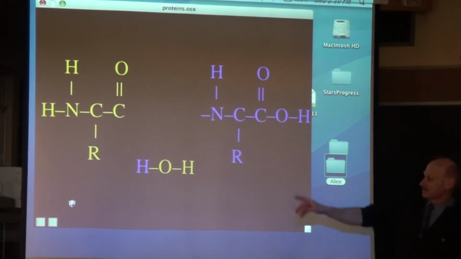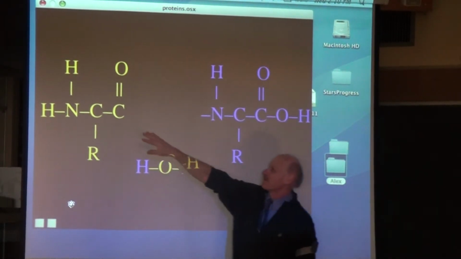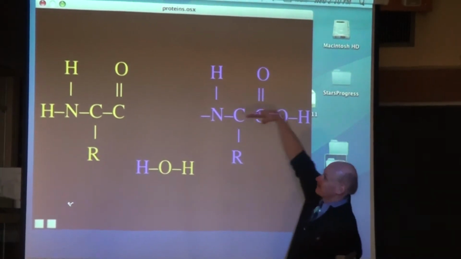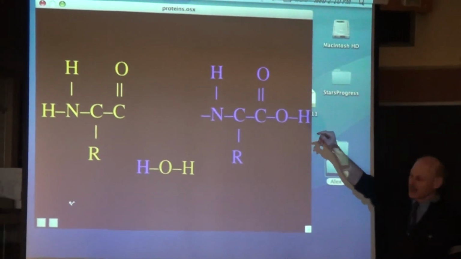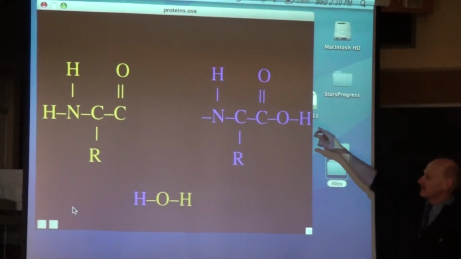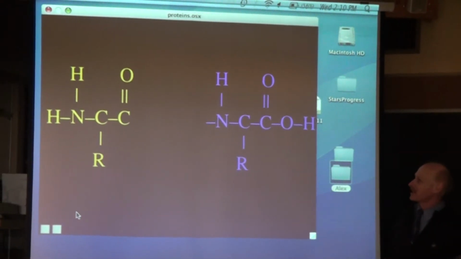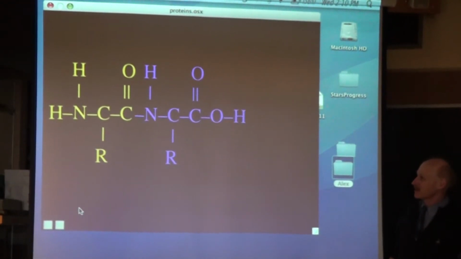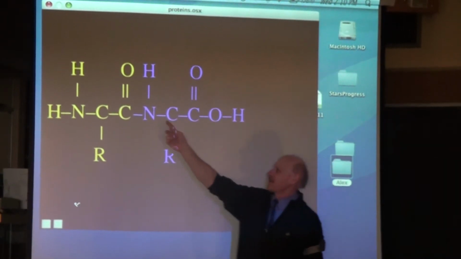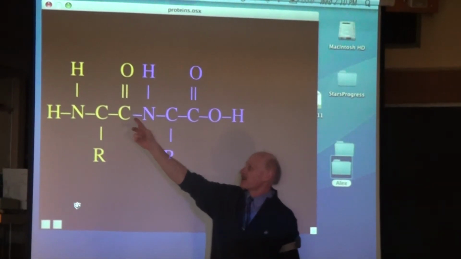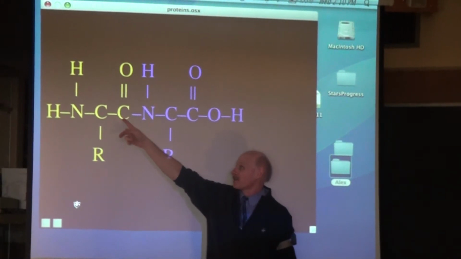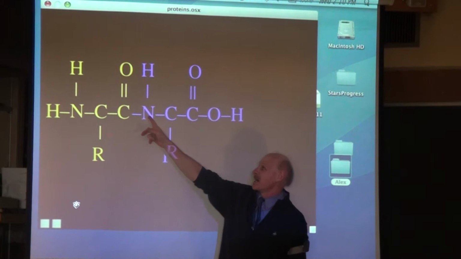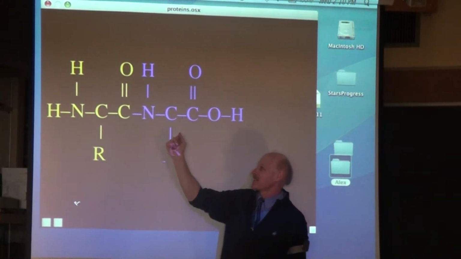Anyway, once the OH has been removed from that amino acid and the hydrogen has been removed from the incoming amino acid's amine group, now the new amino acid can click into the carbon of the previous amino acid, click like that, and now we've got the two amino acids linked together by this covalent bond joining the carbon of the first amino acid to the amine nitrogen of the amino acid that just clicked in.